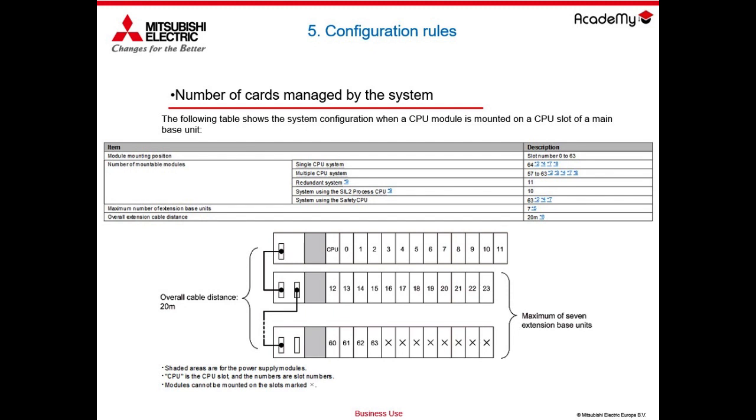This distance goes down to 13.2 meters in the presence of modules of the Q series. So from the moment we have added an RQ rack in our configuration, as seen before, the maximum distance between the first and the last is 13.2 meters.